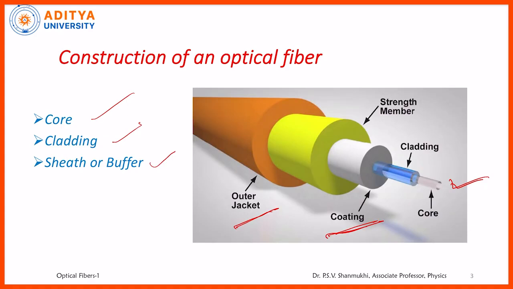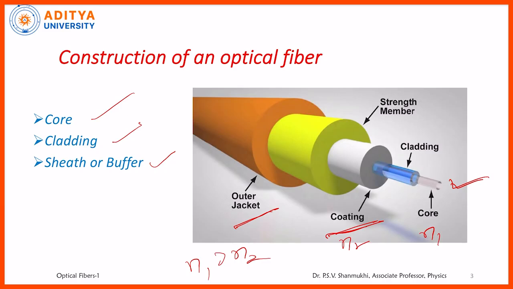Actually, core and cladding are made up of the same kind of material, maybe glass or plastic. Of course, here there is one condition: the core is doped with impurities to get the fractional index difference. Here the refractive index of the core is N1 and the refractive index of the cladding is N2. The essential condition is N1 must be greater than N2.